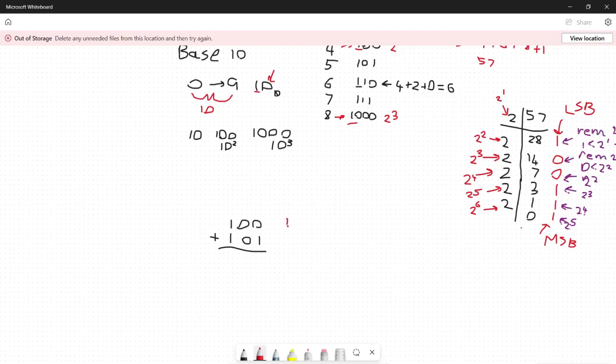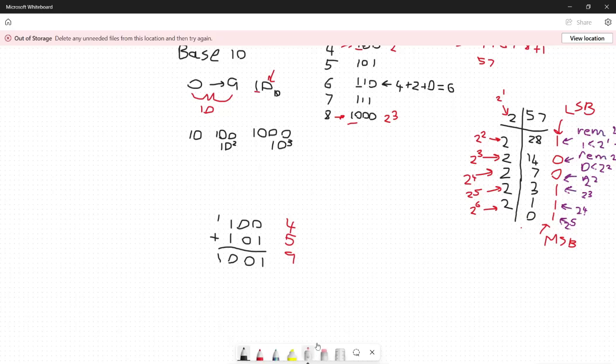So this is 4, this is 5. It should become 9. Well, this becomes 1, 0, and now we have two 1s, so that will become 0, and we carry the 1. That becomes 1000. So this is equal to 9.